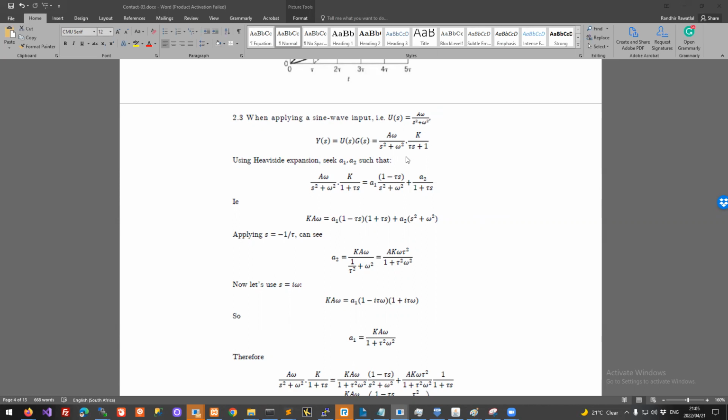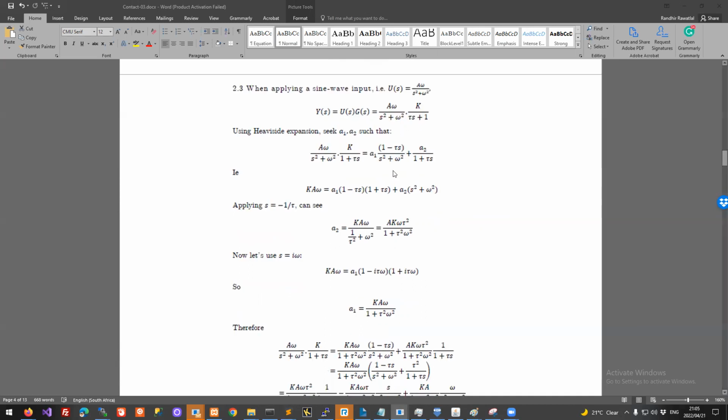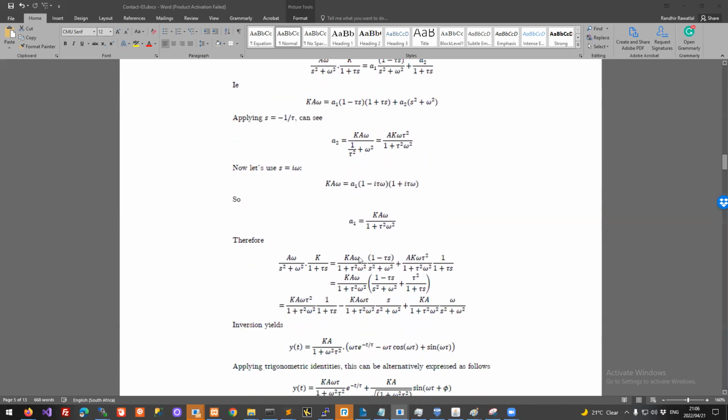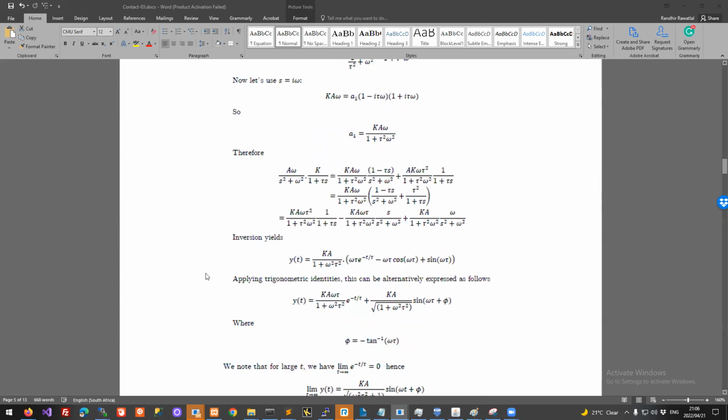So anyway, when we apply this to a first order process, so there's our first order. Now we've applied a sine wave. So the sine wave has an amplitude A and a frequency omega. Then the function looks like this. And again, we can go ahead and propose a form that's a bit more suitable to us, and then determine the alphas or the A's in this case. And if you follow these derivations, you'll find that you get this solution.